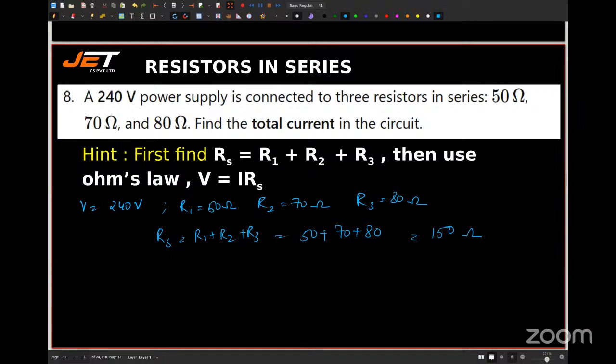We need to find out what is the total current. I is equal to V by total resistance. What is voltage? It is 240 volts by 150. The 0 gets cancelled. It is 24 by 15. It goes in 3 table. 8 by 5 is 1.6 amperes.